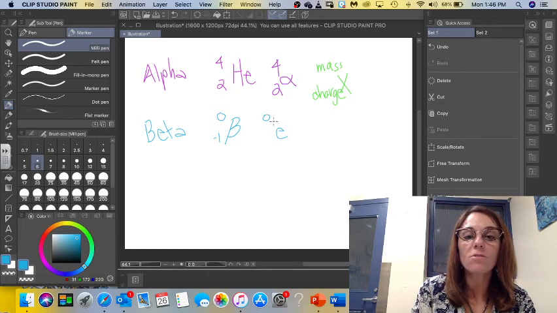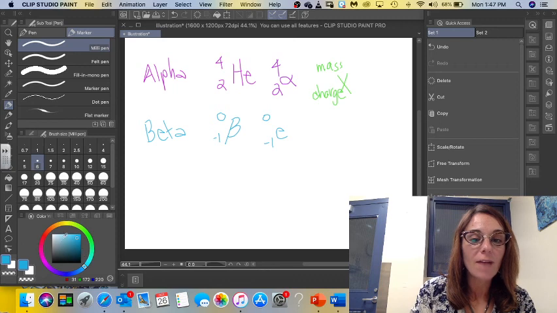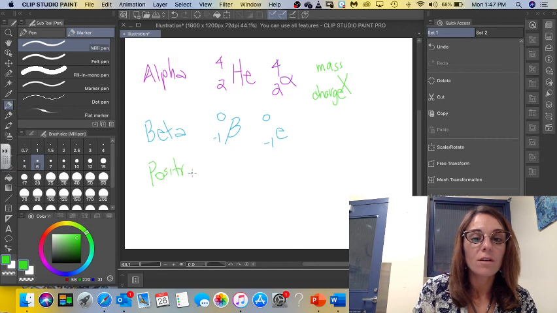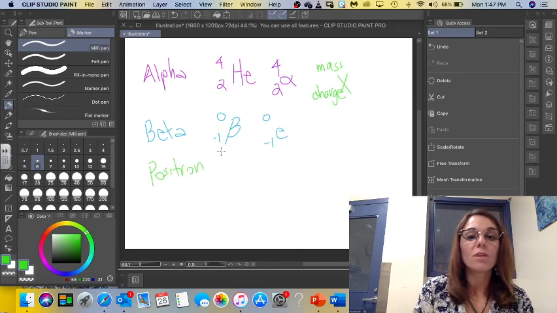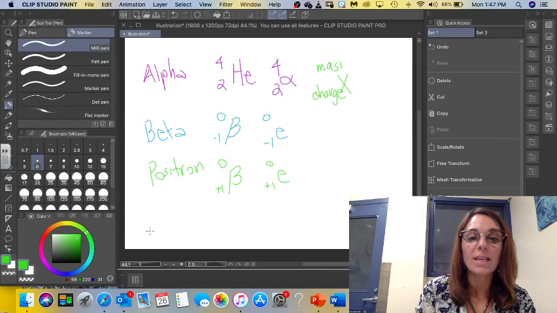So you can also use this symbol instead, either the beta symbol or the electron E symbol. Next we have a positron. A positron is very similar to the beta particle. The only difference is that instead of having a negative charge, it now has a positive charge. And it can also have either the beta symbol or the E.